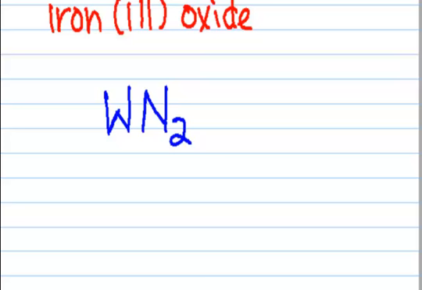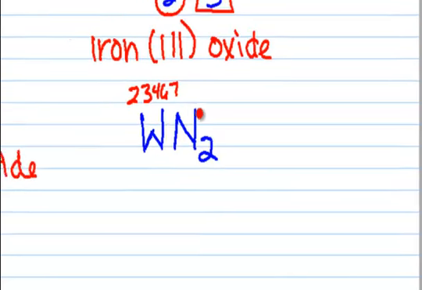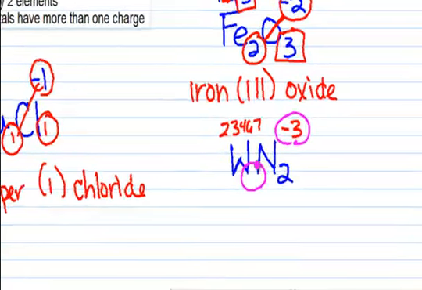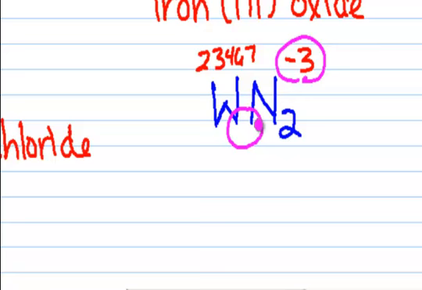Well, it has 2, 3, 4, 6, and 7, I do believe. I can't get back to my periodic table, but check yours. Okay? Nitrogen, I know, has a -3. So I check my work here. Does this 3 match this number here? No, it doesn't. It doesn't at all.